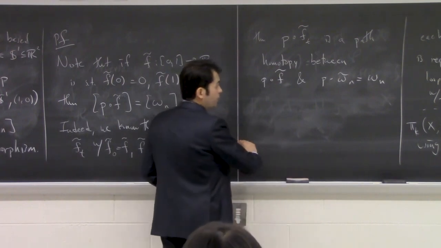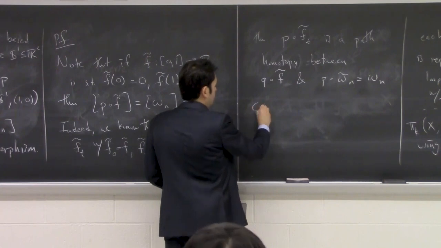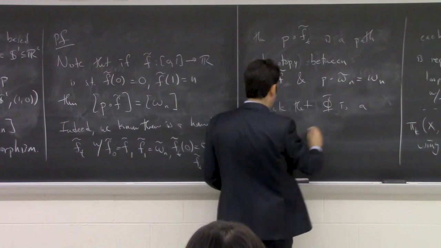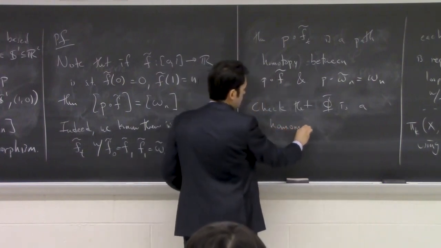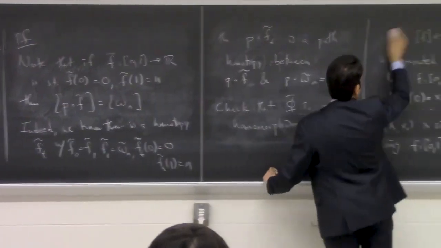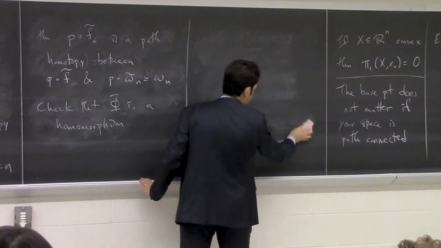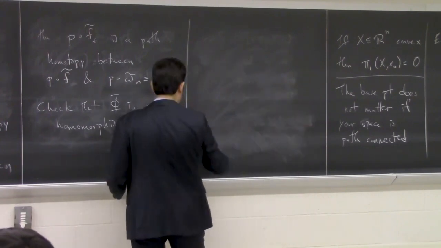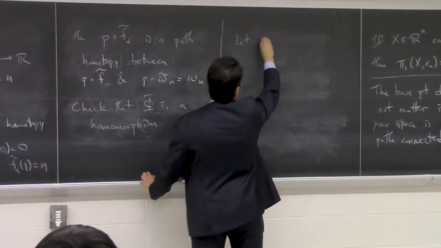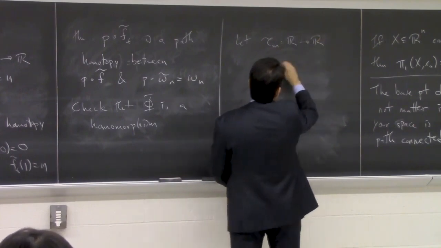Okay, so let's check that phi is a group homomorphism. So let tau m from R to R just be translation.